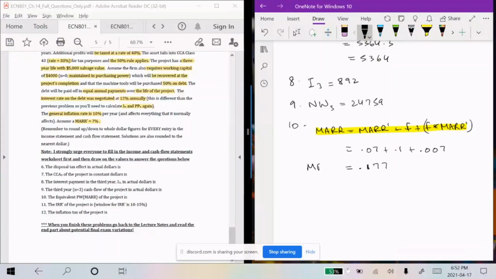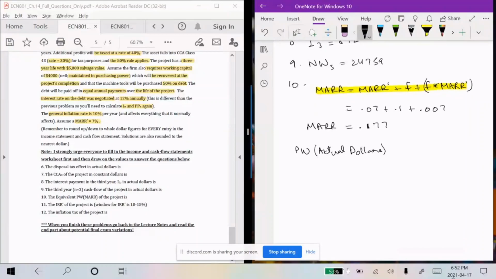This is the MARR. Now we need to calculate the present worth of the actual dollars given this MARR. To do that, we need to bring all of it back.